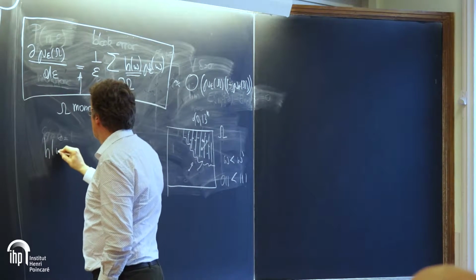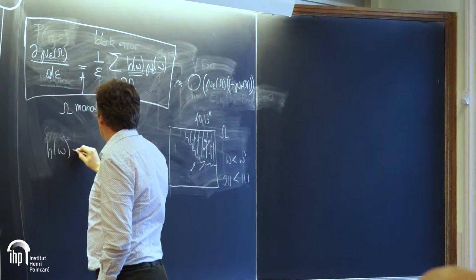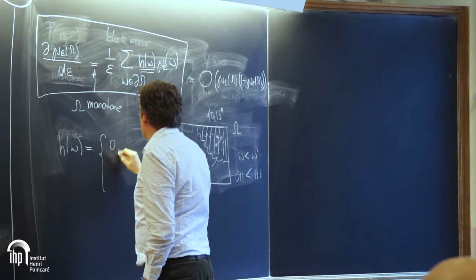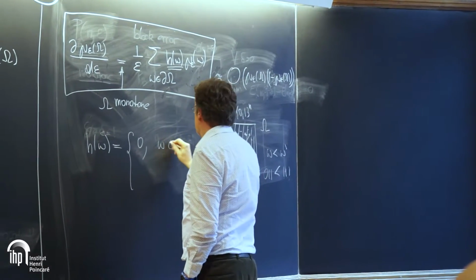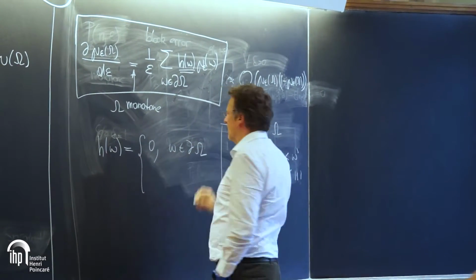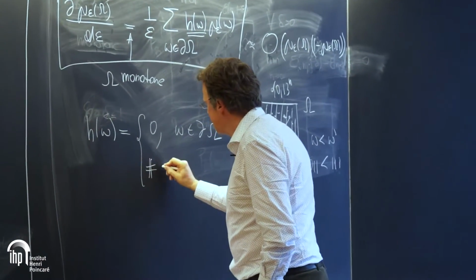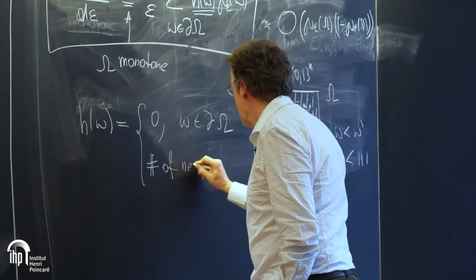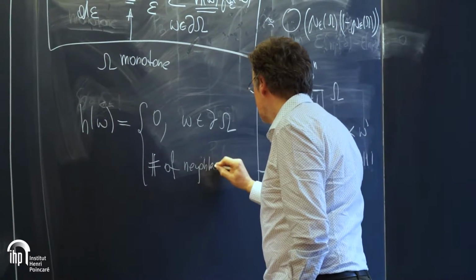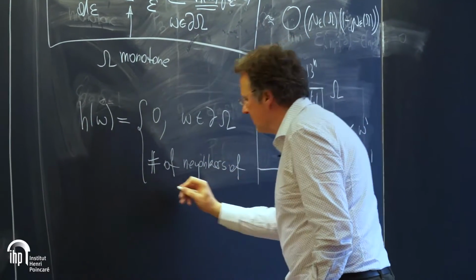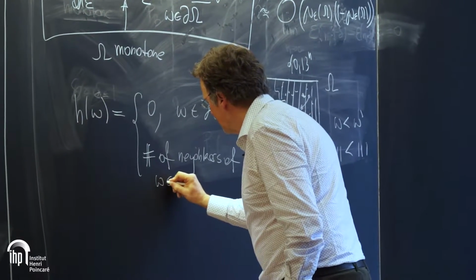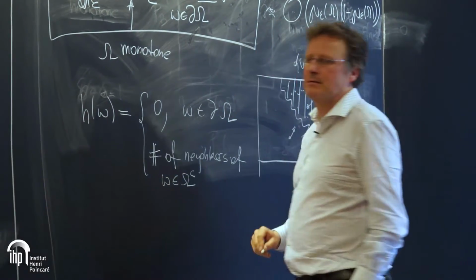So h of omega is the following. It's 0 if the point is not in the boundary. And if it is in the boundary, then it's the number of neighbors of omega in the complement.